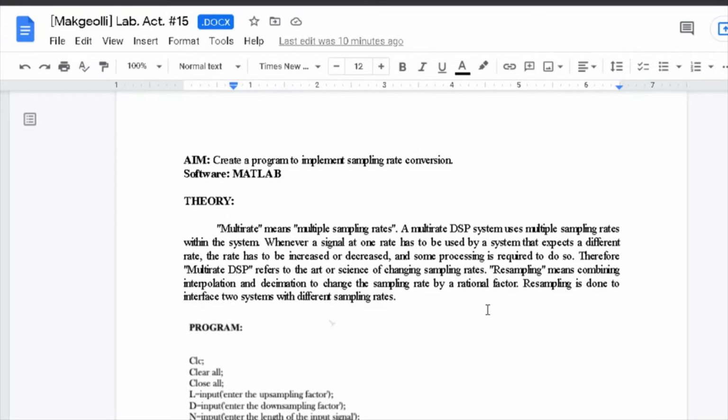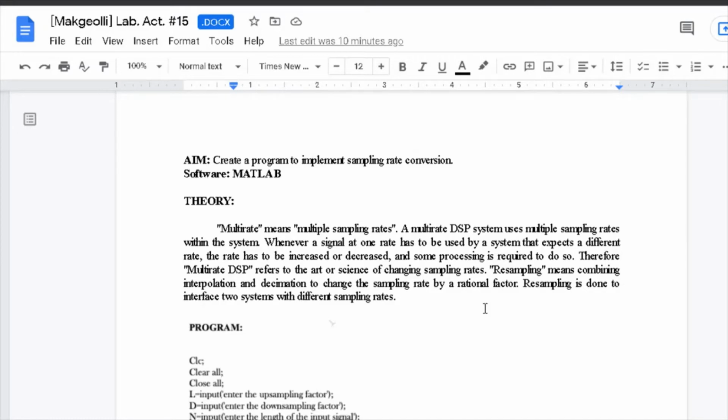Whenever a signal at one rate has to be used by a system that expects a different rate, the rate has to be increased or decreased. Let's say, for example, the input signal will come from a telephony which is capable of 8 kHz, and the receiver or the output would be an ACD, which requires a 44 point something kilohertz.